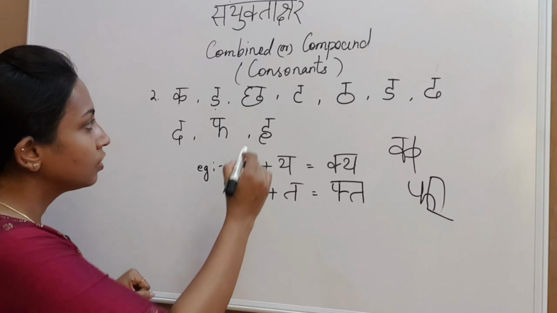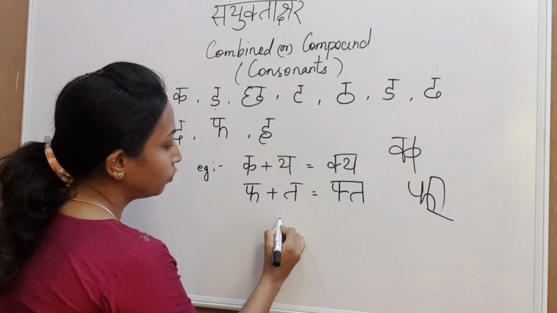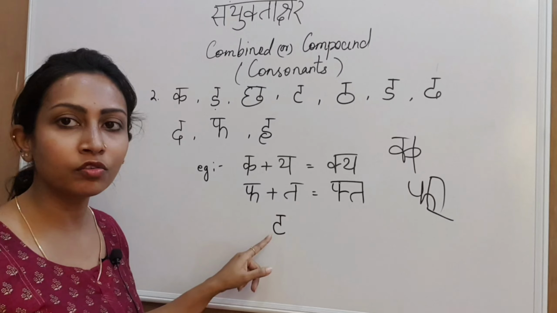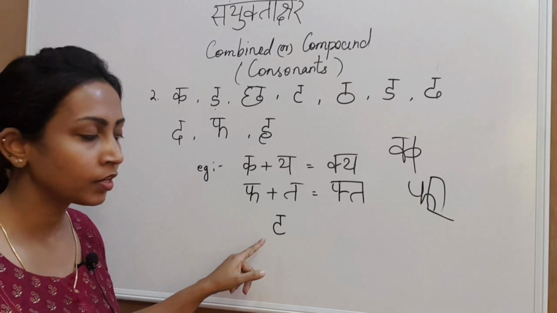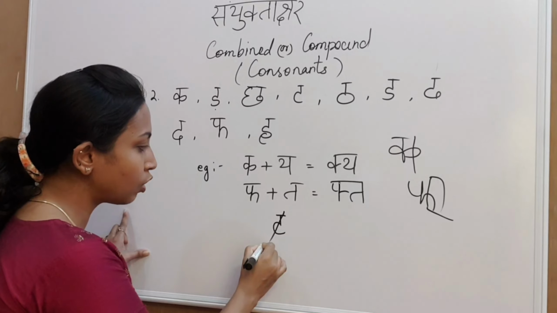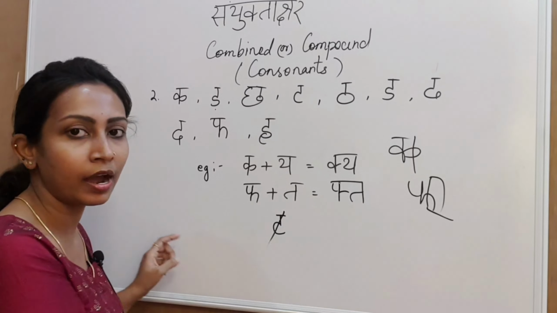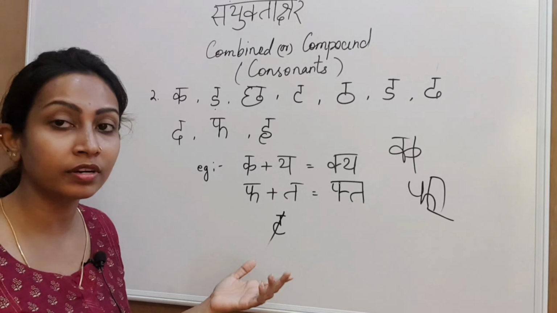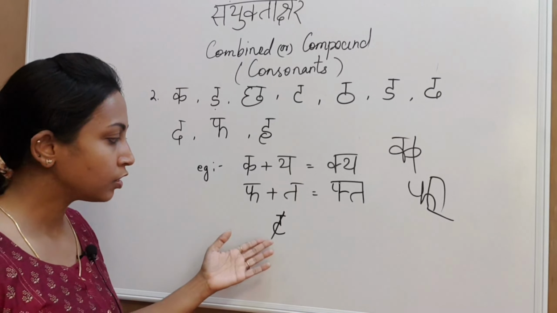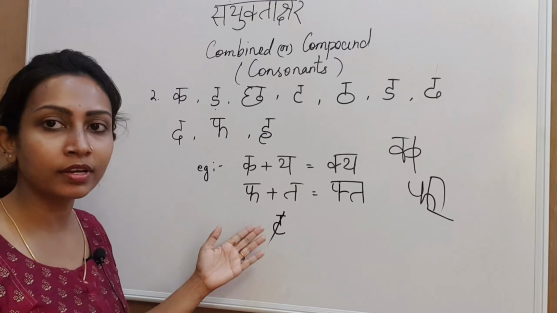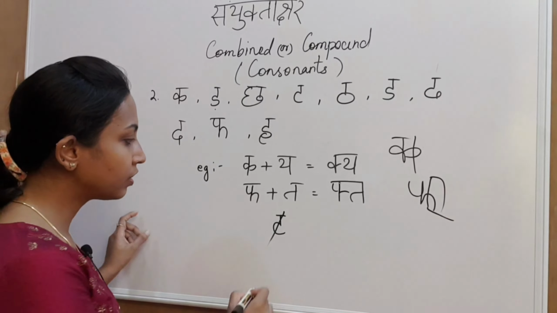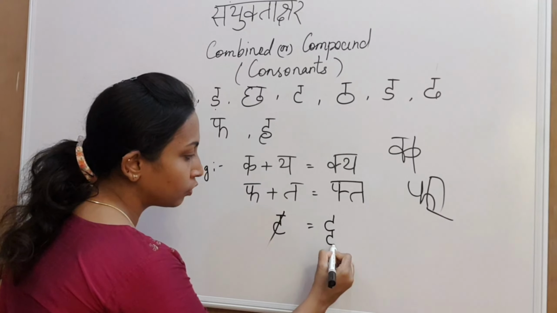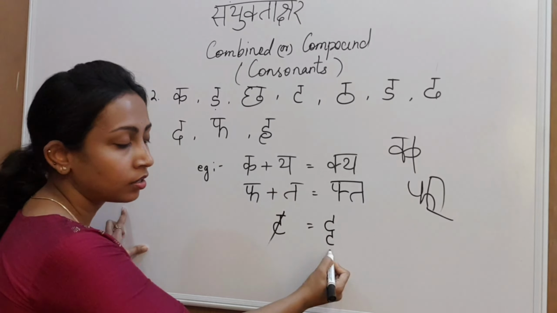Another way is when you take ta. You cannot write the half letter of ta. You cannot cut out half of the ta and write it, because if you cut out half of the ta, you cannot recognize the letter. So for these letters, we write one letter below another letter, a letter below a letter.